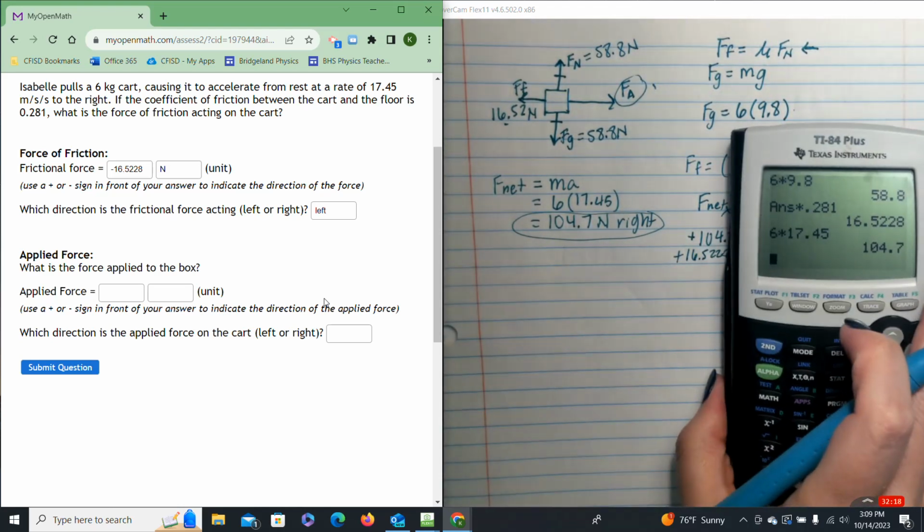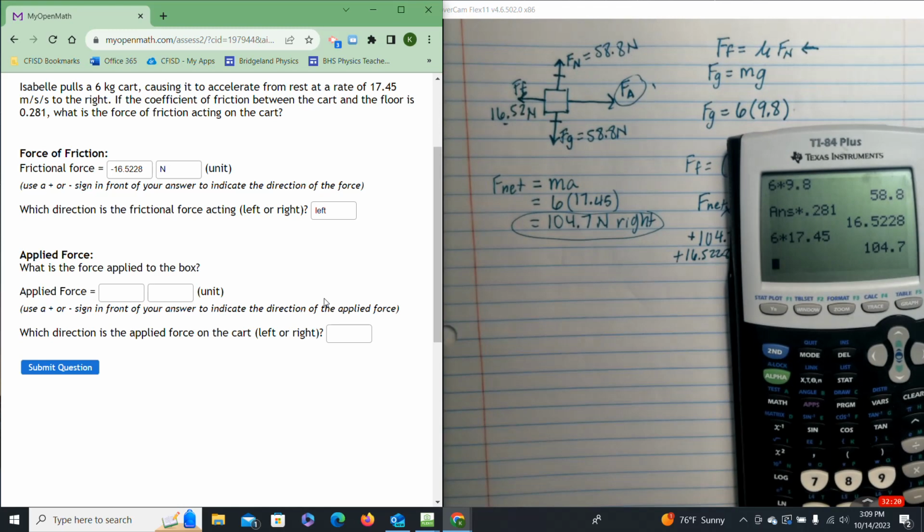And in my calculator, I'm going to do my 104.7 plus 16.5228, and I get 121.2228, and that will be my applied force. So applied force, 121.2228 newtons. And again, it is to the right.